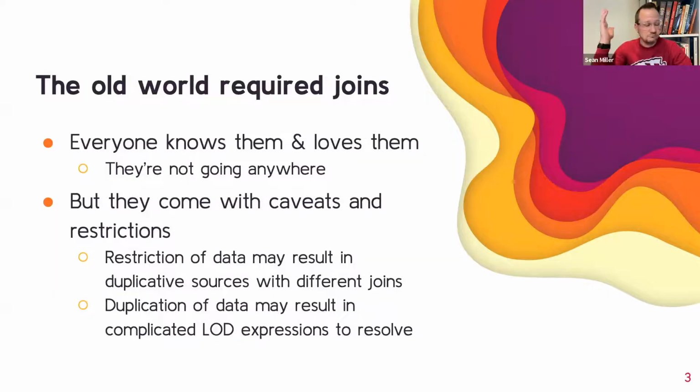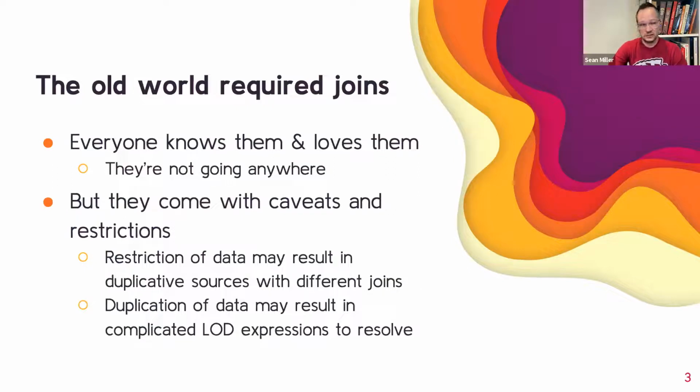Like I said, in the old world, we had to do joins, right? Everybody knows them, everybody loves them. Left joins, right joins, Cartesian joins, outer joins, all of that stuff. Those are not going anywhere. They are still there. You can still get to them. But we also know that joins come with choices, and choices come with things you might have to consider.